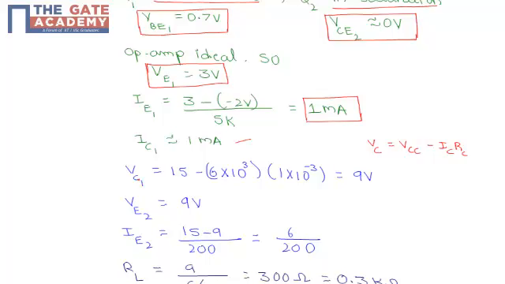VC1 will be equivalent to 15, the power supply, minus 6K, the resistance value, into IC1, the collector current. If you simplify this, we get 9 volts. So VE2 is also 9 volts.